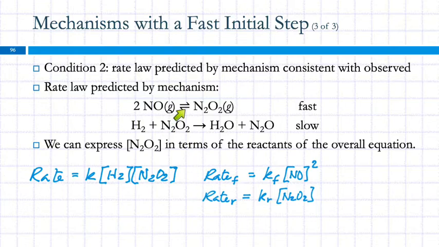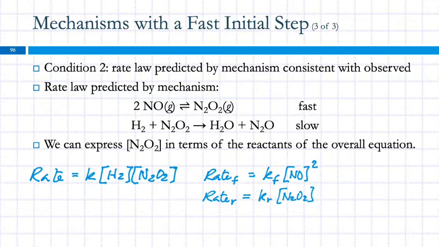So if this is equilibrium, then the forward rate is equal to the reverse rate. Okay? Which means that this thing is equal to that thing. And some of you are like, oh, I see where this is going.